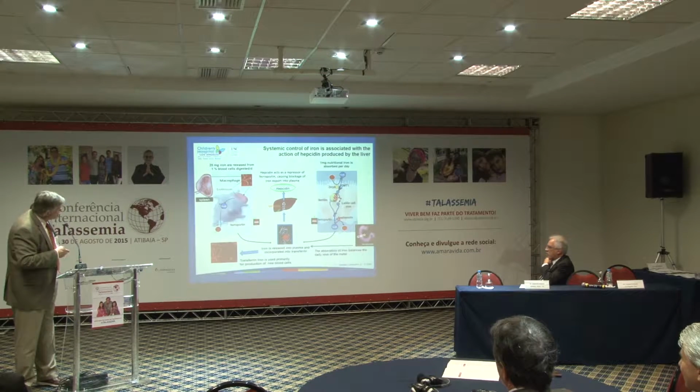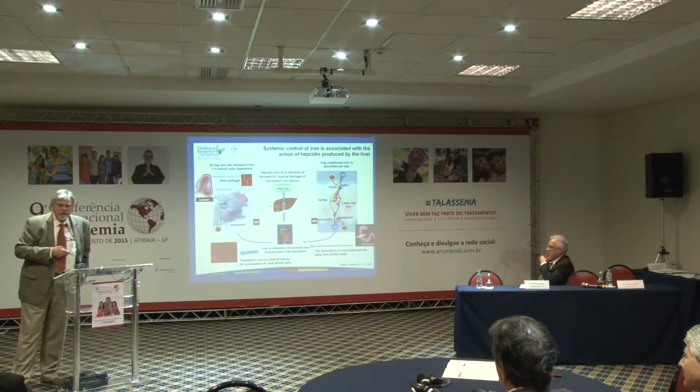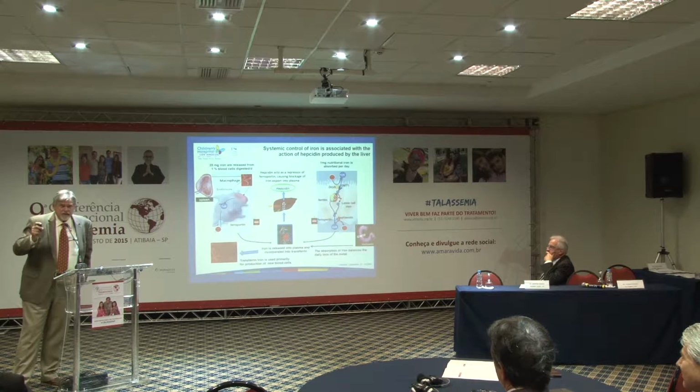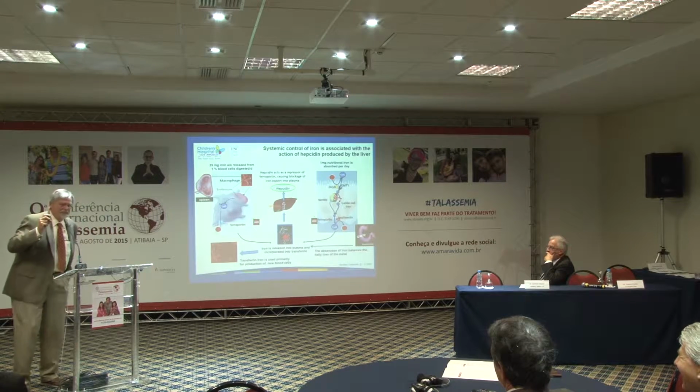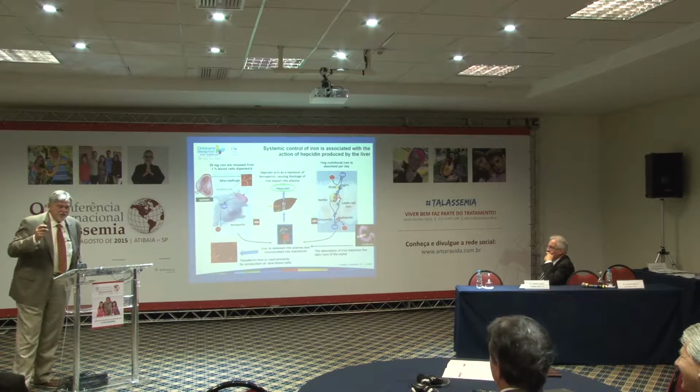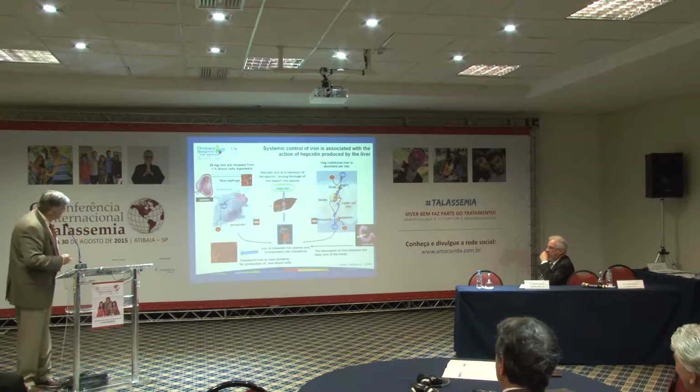When Fe plus 2 is in the plasma as labile plasma iron, it can enter the cells through non-regulated transporters, like DMT1, which wasn't designed for iron, or the zinc transporter ZIP14. These were designed, so I'm told, for other ions, not iron.